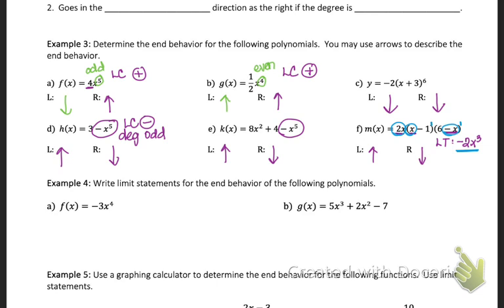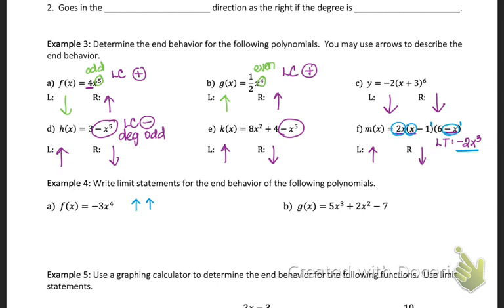Now, example 4, they want us to write limit statements this time, but I will still start with arrows because it helps me set up my limits. So for A, I have a negative leading coefficient, which means my right arrow goes up, and an even degree, which means my left arrow matches. So I need up, up.